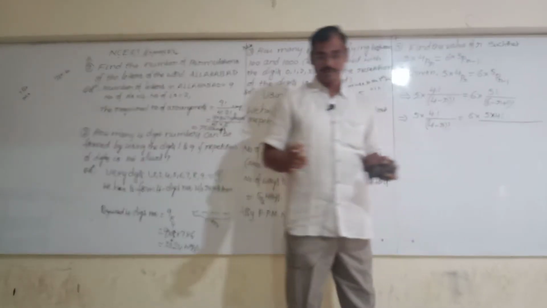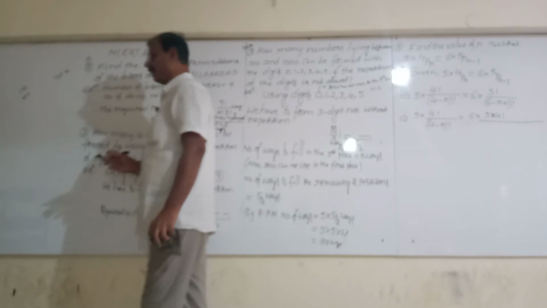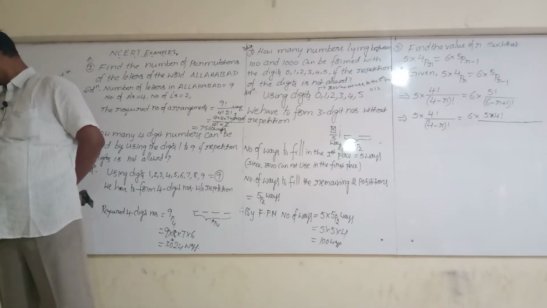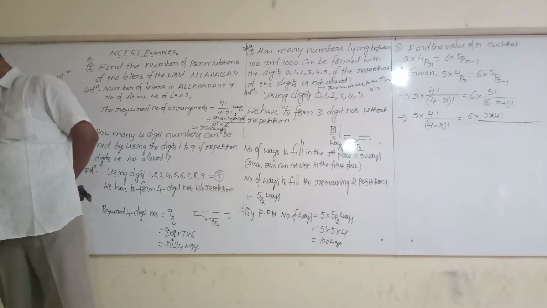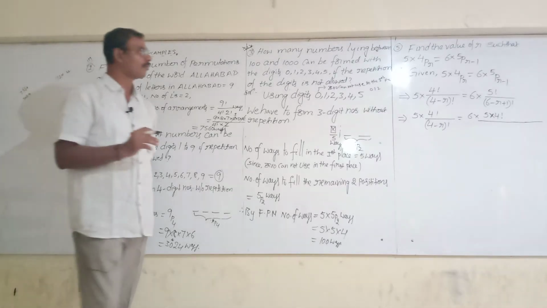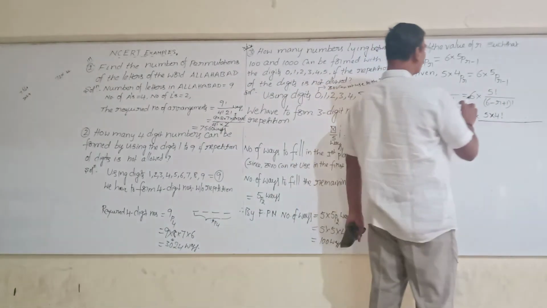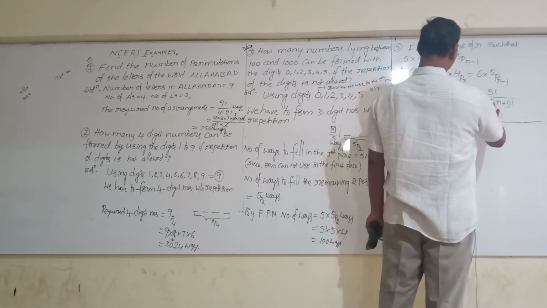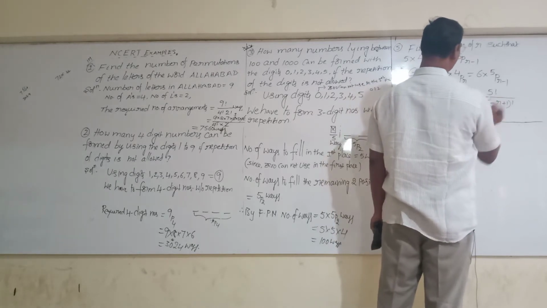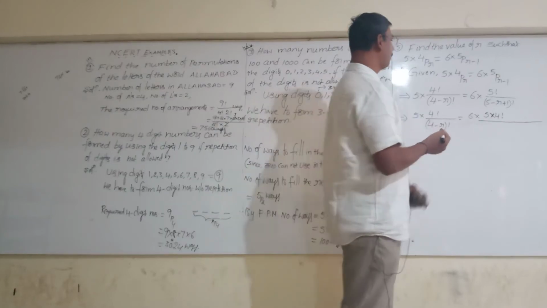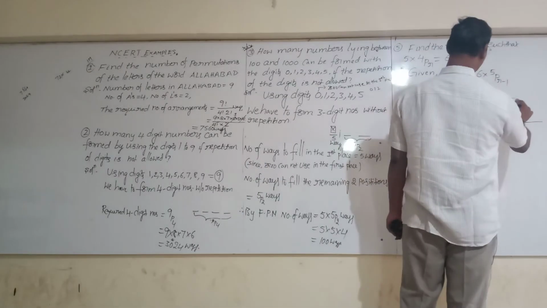I will write one more way. 6 minus, this is 5 now. Sorry. 5 minus r plus 1, that is 5 plus 1 is equal to what? 6.